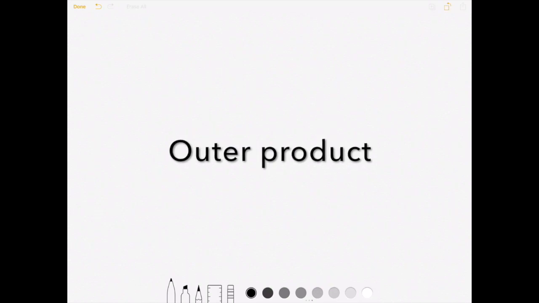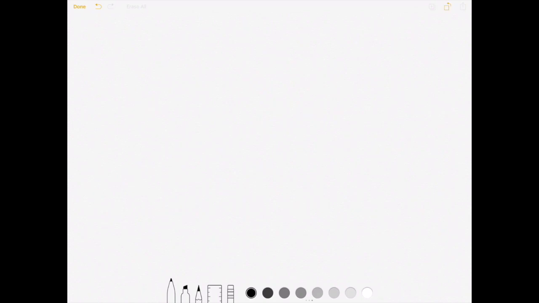Okay. So we can define a second product on vectors.